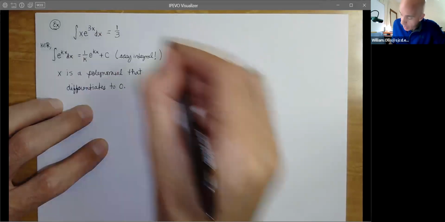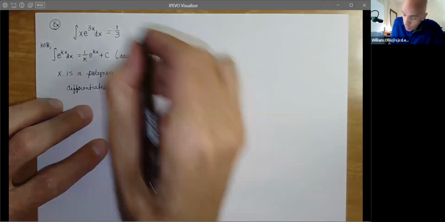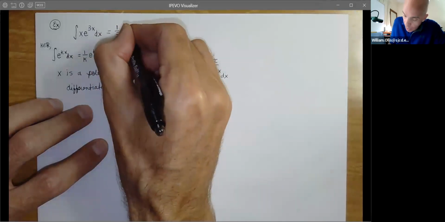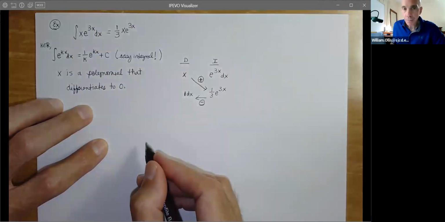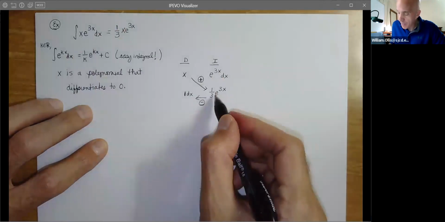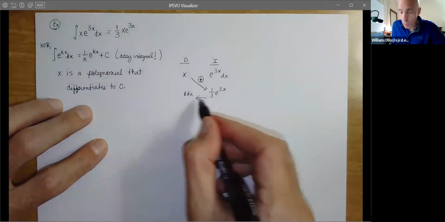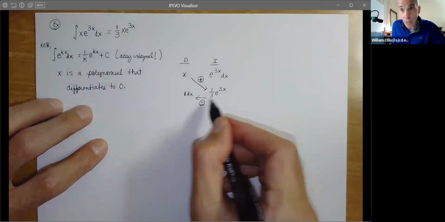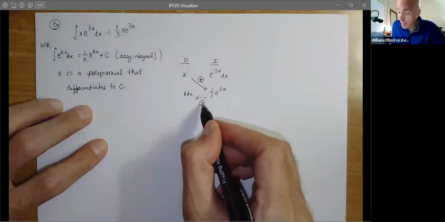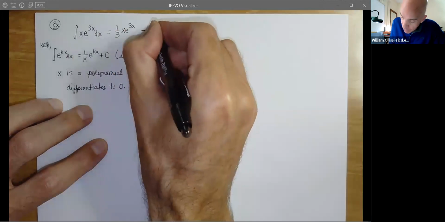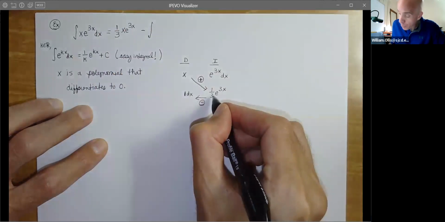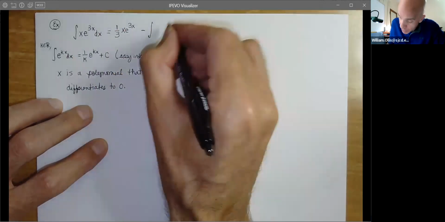We'll take the 1/3 out, and then we'll have the x e to the 3x. You can put it in any order you like. It's like that. And then the v du comes across this way. The horizontal lines are the integral lines, and that'll be the negative. So minus the integral 1/3 e to the 3x dx.